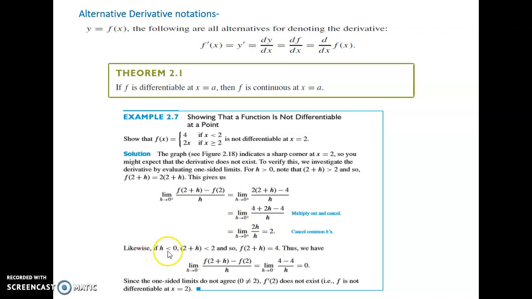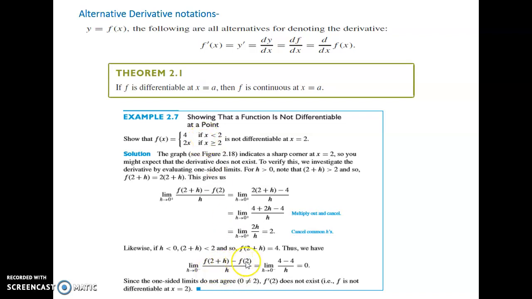When h is less than 0, 2 plus h is less than 2. Please remember, when h is greater than 0, 2 plus h is greater than 2. When h is negative, then 2 plus h is less than 2. Therefore, f of 2 plus h is equal to 4. So for the right limit I use the second function, and for the left limit I use the first function.